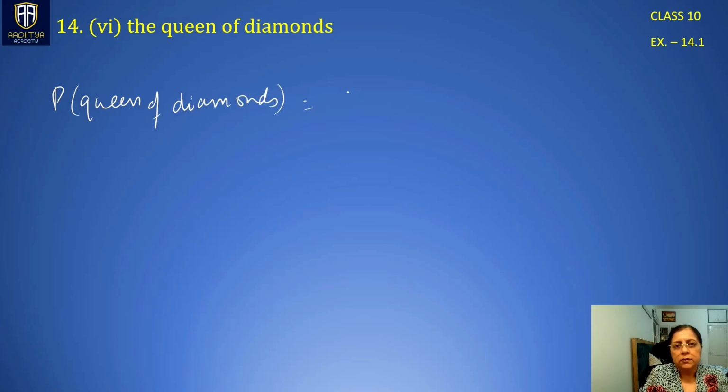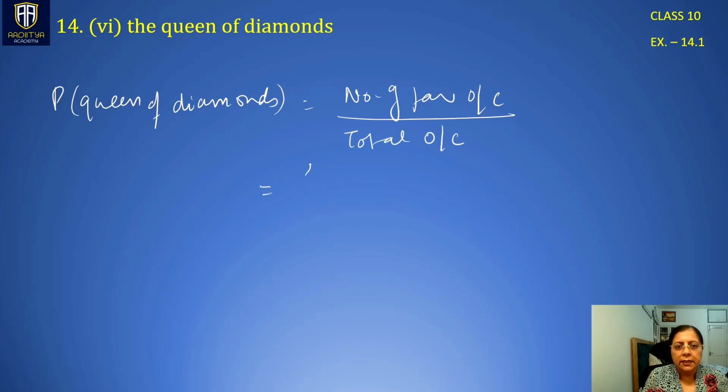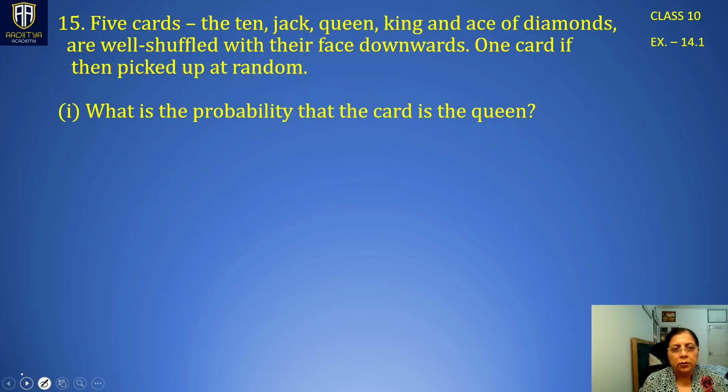So this is number of favorable outcomes upon total outcomes. Favorable is exactly 1 and total number of cards is 52. Probability of drawing a Queen of Diamonds, since it is a particular card, so it's 1 by 52. Right? So these were the card questions.